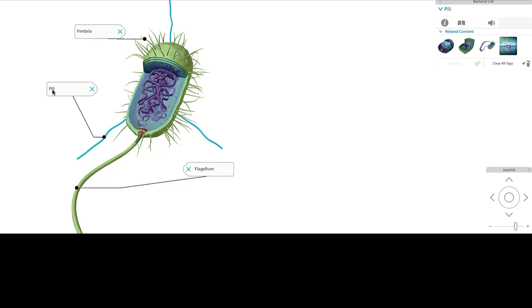Now, you might wonder how bacteria reproduce. Well, in addition to the DNA that they have here, they also have these little circular pieces of DNA. These are called plasmids. And the bacteria use these plasmids and basically exchange the plasmids with another bacterium. These plasmids can carry with them things like antibiotic resistance.